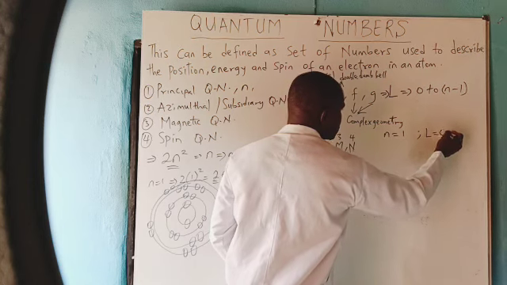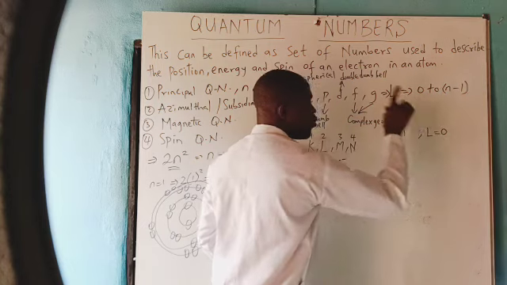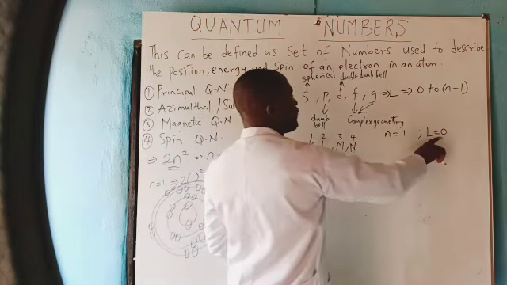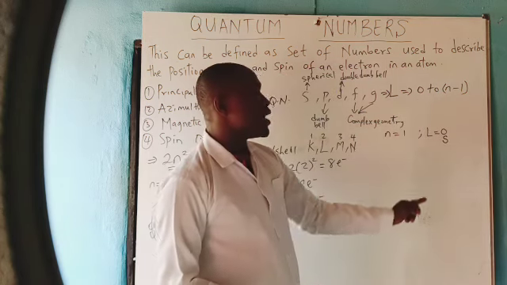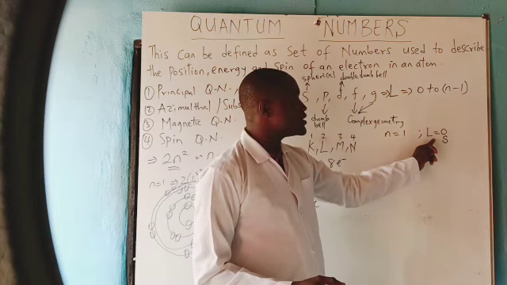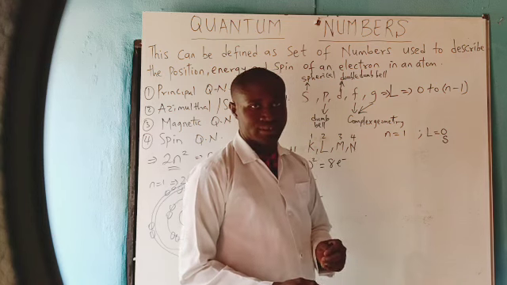It starts from 0: 1 minus 1 is 0. So we will have only one value of l, and that one value is called the s orbital. That means when you are talking about the s orbital, the azimuthal quantum number of it is 0.